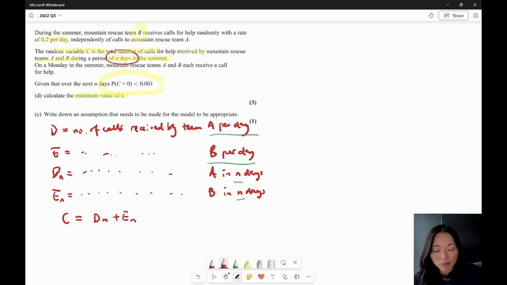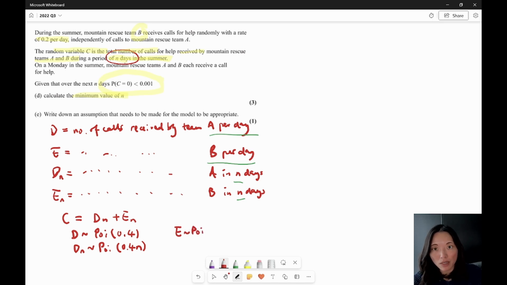And again, a property for the Poisson distribution is that if D follows a Poisson distribution with mean 0.4, then Dn over n number of days simply follows a Poisson distribution with mean 0.4 times n, because we've multiplied that by n number of days. Very similarly, E follows a Poisson distribution, so we've been given that in the question.